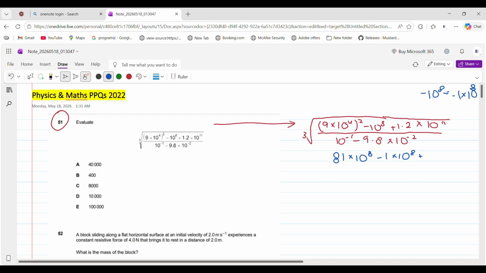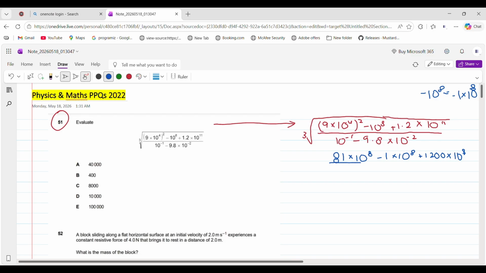So for making it power 8, I'll have to move this point basically. How many times? 3 times. So 1, 2, 3 into 10 to the power 8. Okay, so 1200 into 10 to the power 8.